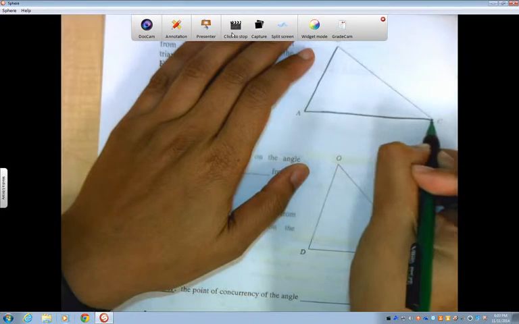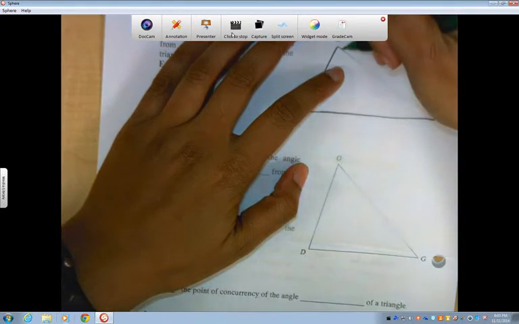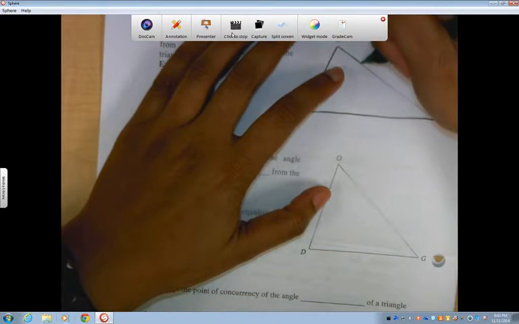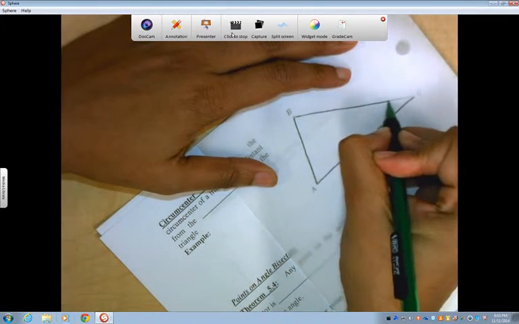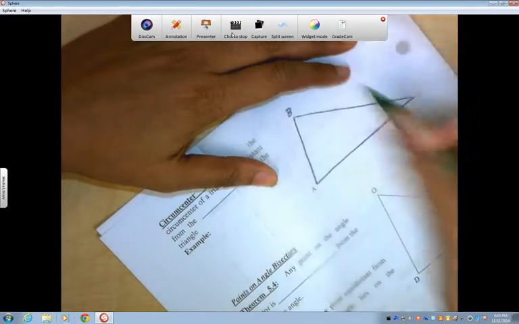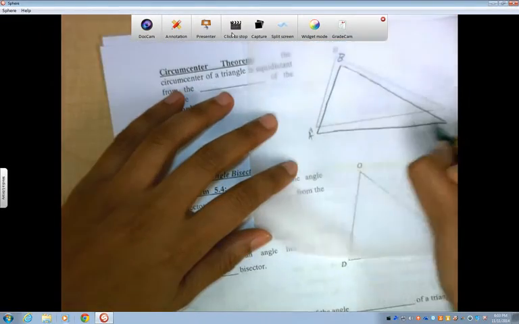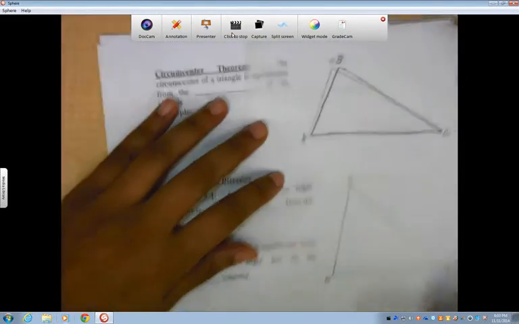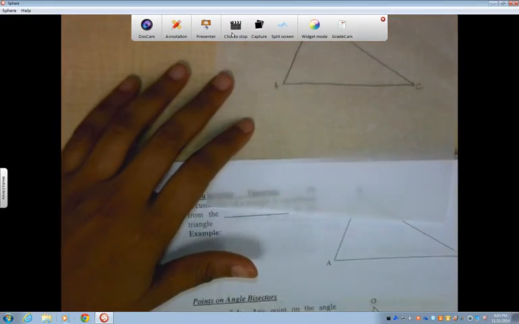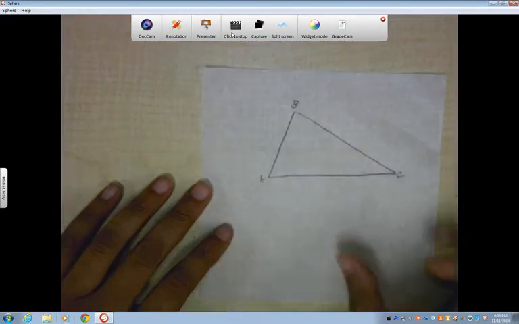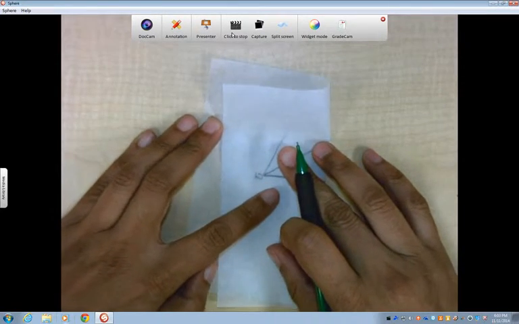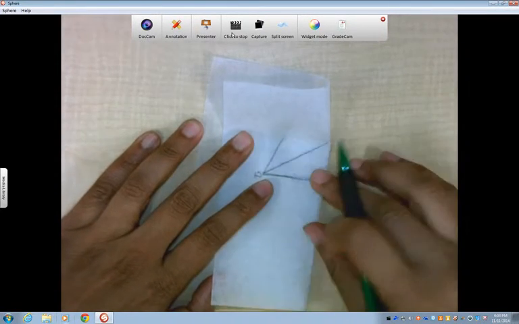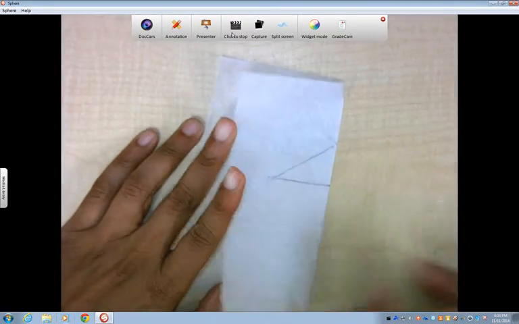So if I trace this triangle, we have B, we have A, and we have C. I'm going to create the perpendicular bisector of every side. So first I'm going to do the side AC.